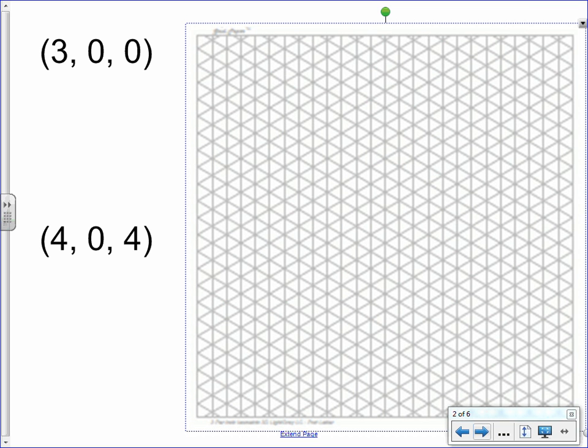What you will need to do is draw your axes. So here, I'm going to pick this for my z-axis. Here is our, which axis is this? X. And then our y-axis.